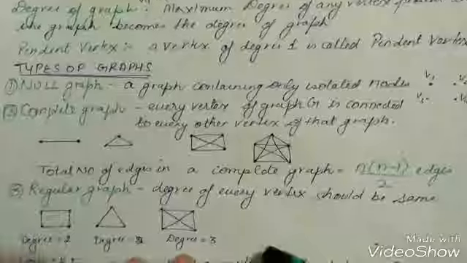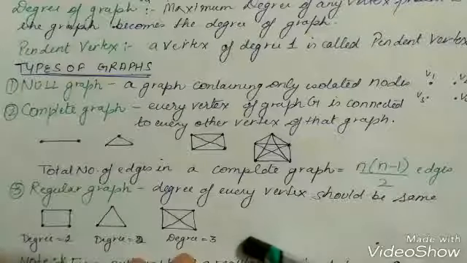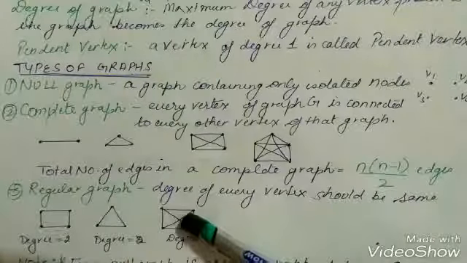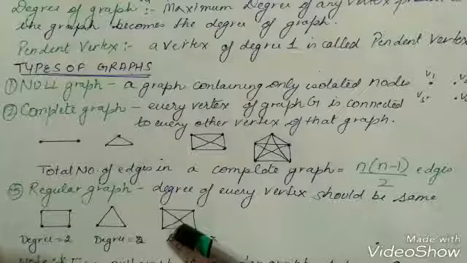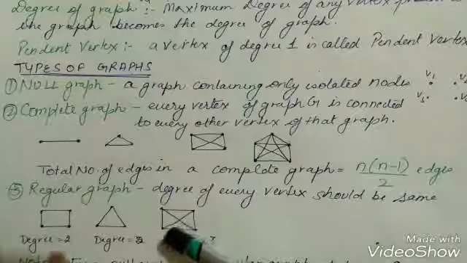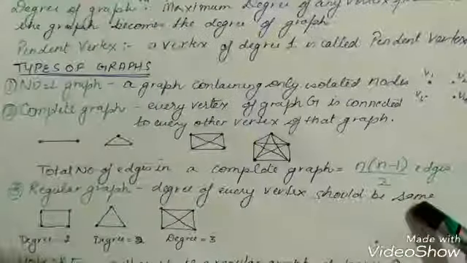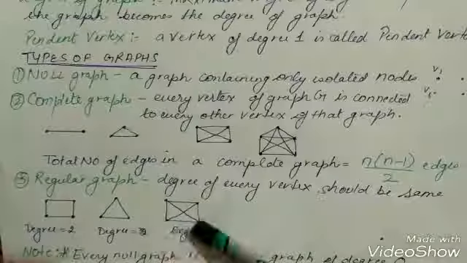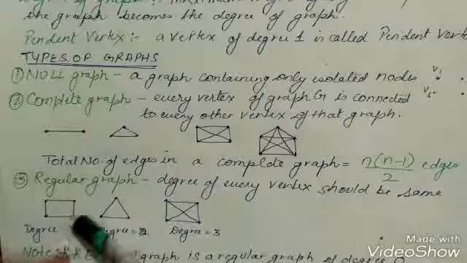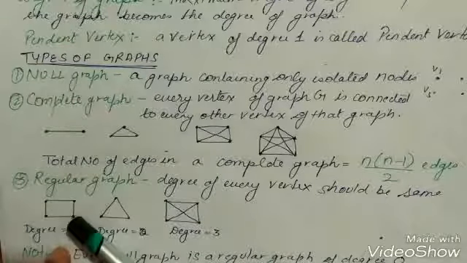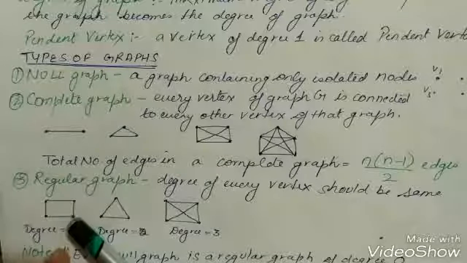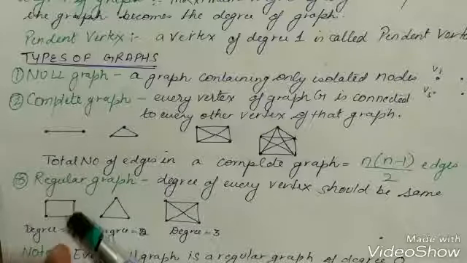And then we have a regular graph. What do we mean by a regular graph? A graph which has the same degree for every vertex makes a regular graph. Like the degree of every vertex should be the same. Like here in these 3 diagrams, we can see that over here each vertex has degree 2, as each vertex is connected with 2 edges.